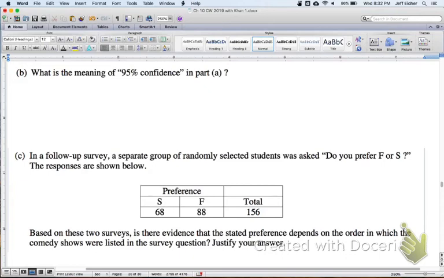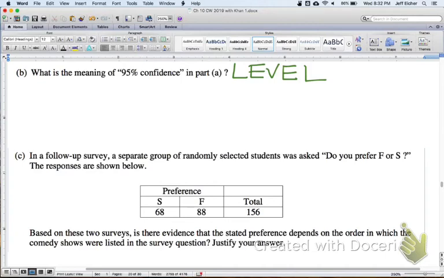Part B asks of this investigative task, what is the meaning of 95% confidence? Basically, they're asking you to interpret the level. What do we mean by this 95% confidence level?